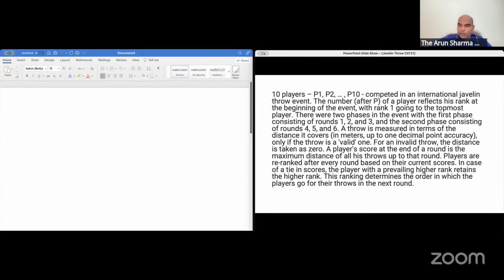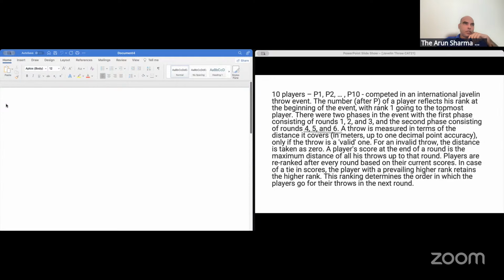So this question starts pretty innocuously. The question starts with 10 players, P1 to P10, competed in an international javelin throw event. The number after P of a player reflects his rank at the beginning of the event, with rank 1 going to the topmost player. There are two phases in the event, with the first phase consisting of rounds 1, 2, 3, and the second phase consisting of rounds 4, 5, 6.